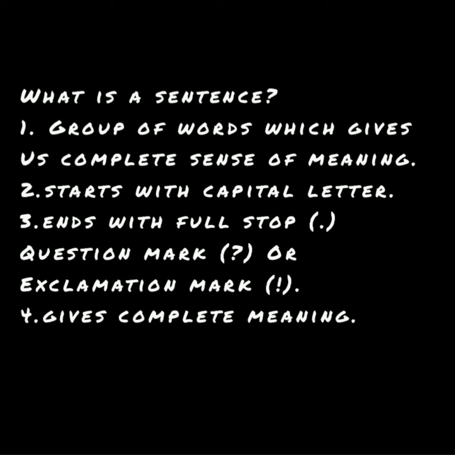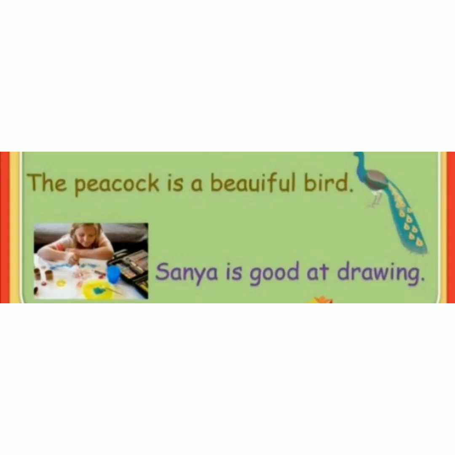It ends with a full stop, or question mark, or exclamation mark. It should give us complete meaning to understand. Then see children, these two examples I gave you. In these two examples, it follows the rule of the sentence.